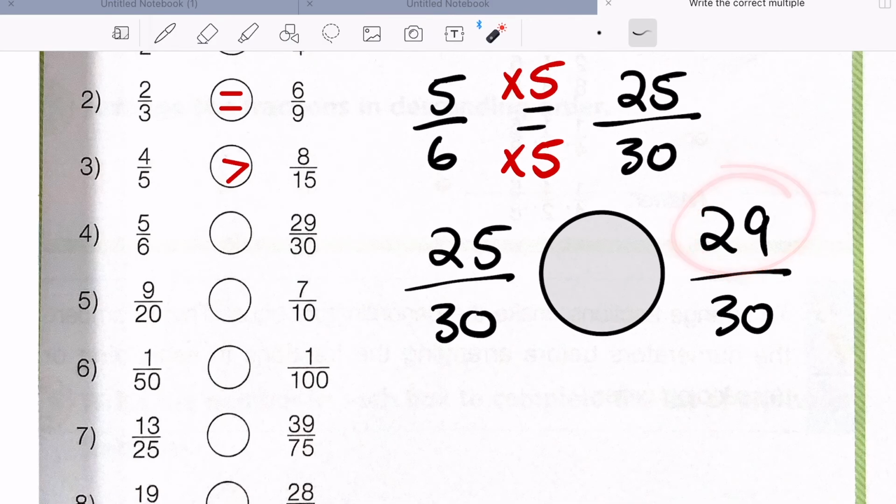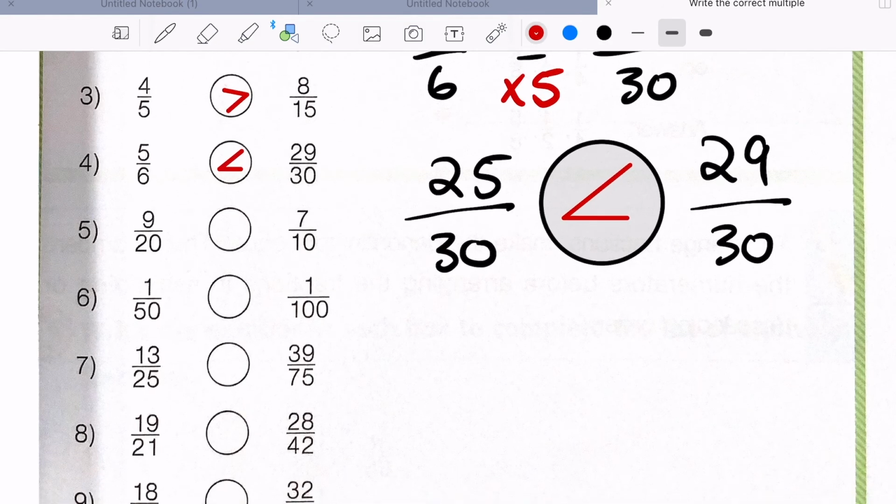We see 29 is bigger than 25. So here's what we can write. 29/30ths is bigger than 25/30ths. So here we can write it like this: 29/30ths is bigger than 5/6.